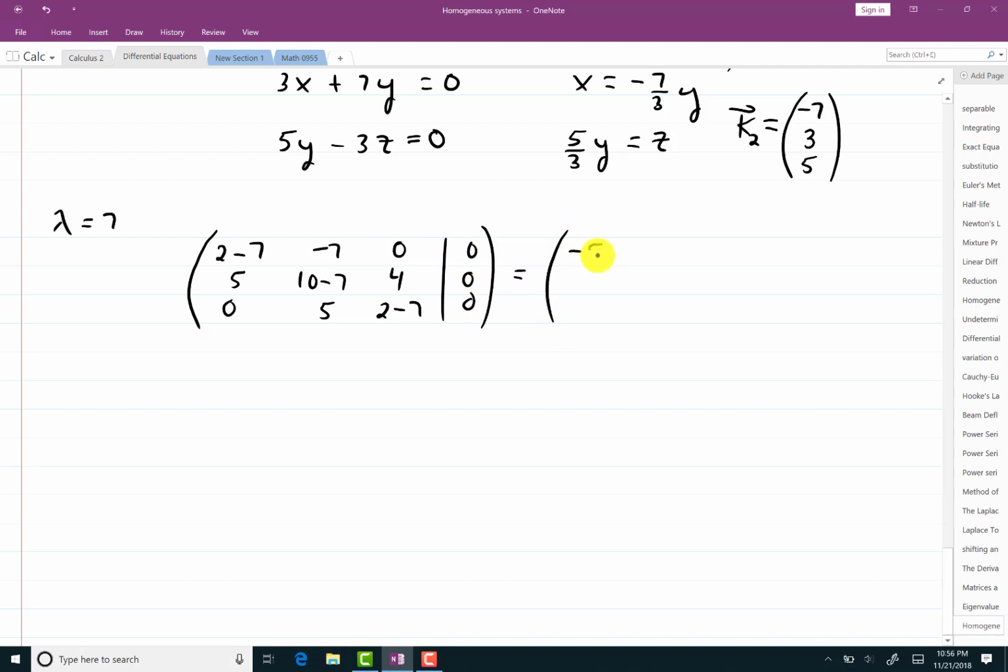I'll have -5, 5, 0 for my first column. Then I'll have -7, 3, 5 for my second column. And then my last column, I'll have 0, 4, -5.